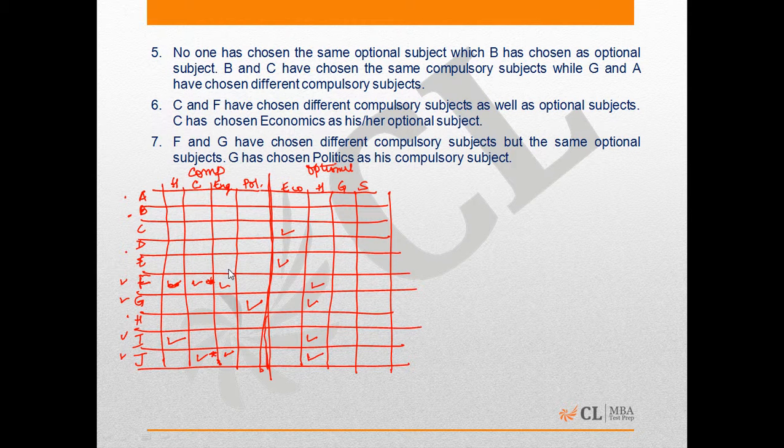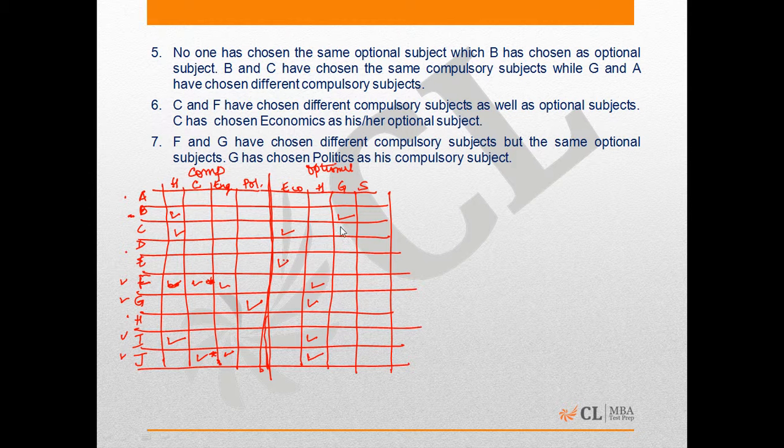Next, among geography and sociology, one would have been chosen by 3, another by 1 student. Economics has been chosen by 2 students, E and C, with that we have already drawn. So C needs to have history as compulsory subject. Now we can deduce that B must have chosen history as compulsory subject as well and geography as optional.